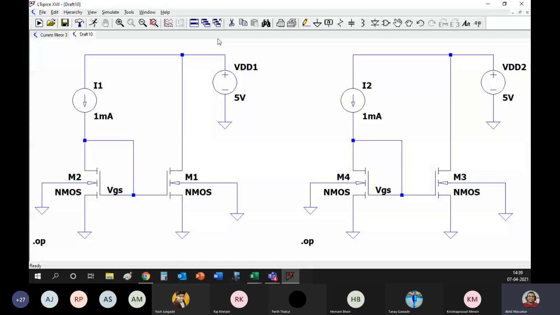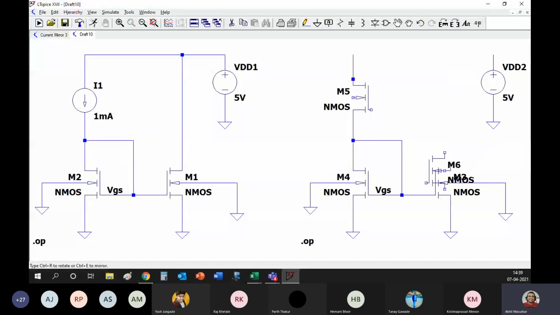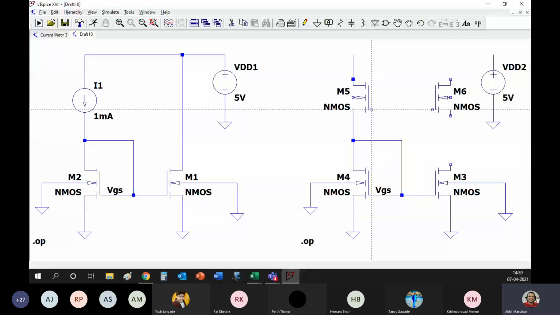I am taking this M4, replicating it here. Again I am taking M3, replicating it here. So what we replicated is the circuit which is below, and in doing so, we have made the cascode device.